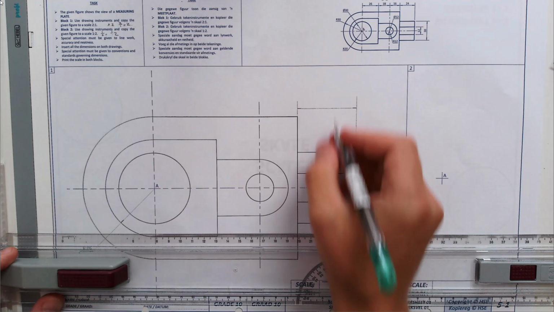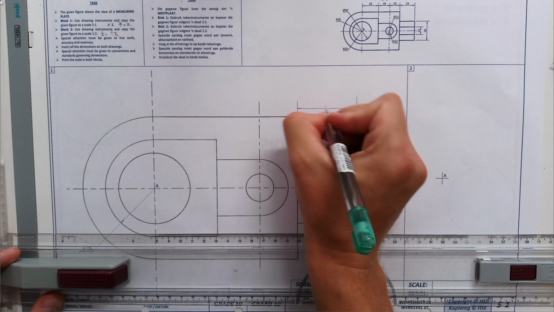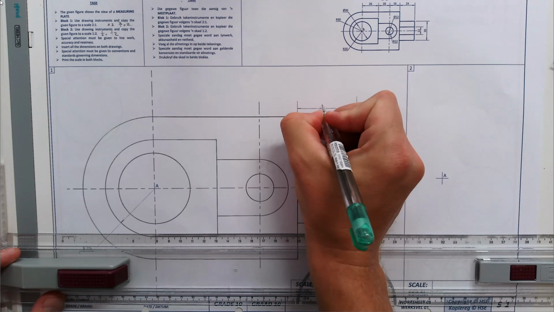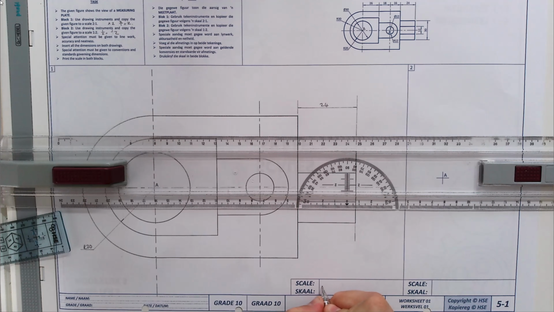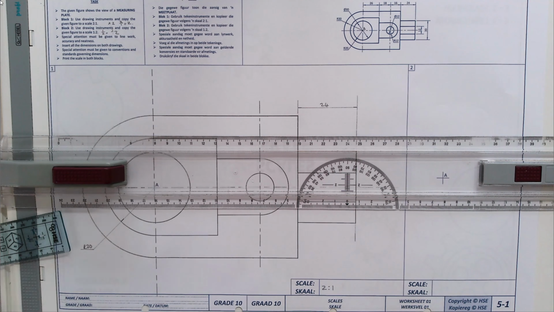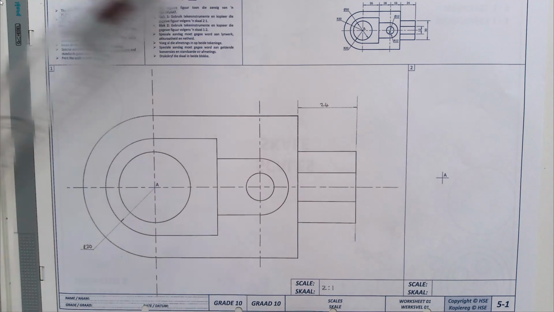On the line, we're going to say 24. And that is the dimensions. We still need to give the scale here, so we can just say scale. We're going to write small. We want to keep it within 5 millimeters. We say 2 to 1. That is our scale for block number 1.